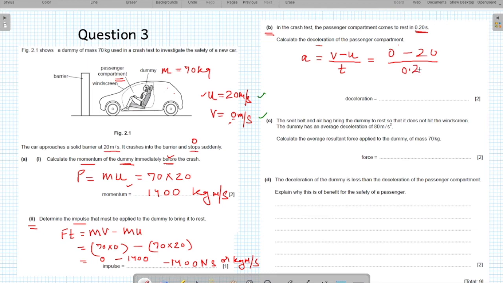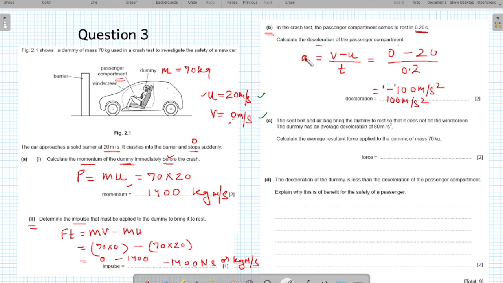Alright, so when you do this calculation, what do you find? You do your calculation, it will come out to be minus 100 meters per second square. The negative sign here means it is a deceleration. So what should be your deceleration? It is 100 meters per second square.